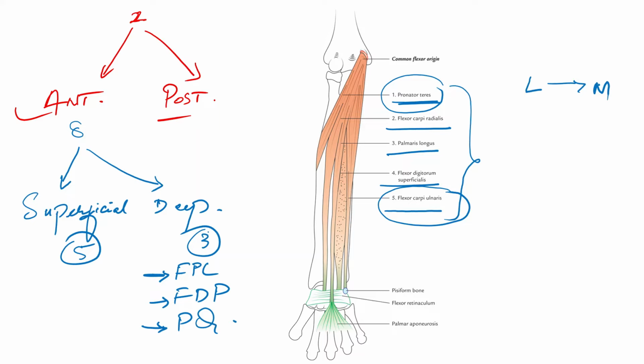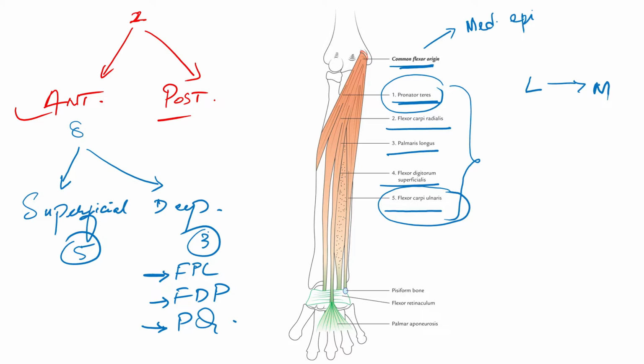There is something called the common flexor origin. This common flexor origin is the area on the medial epicondyle of the humerus, which gives origin to all the superficial flexor muscles of the forearm.